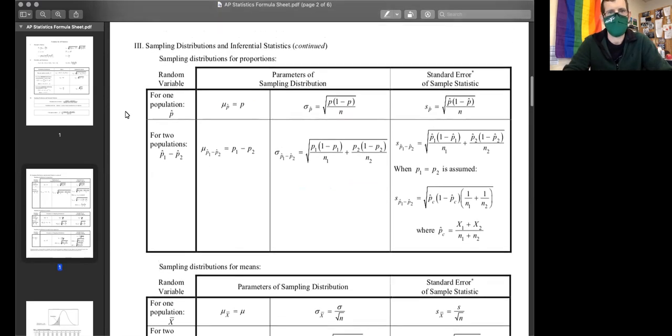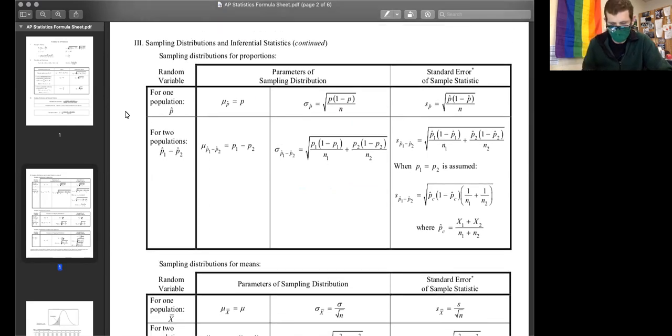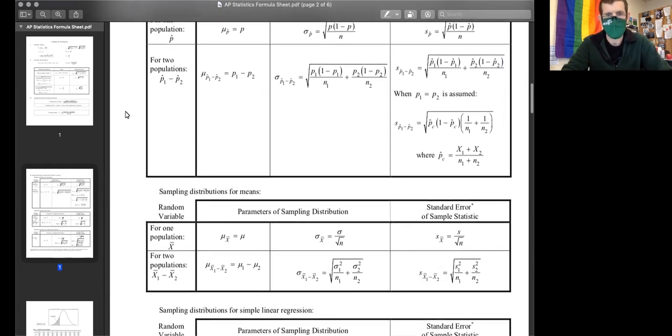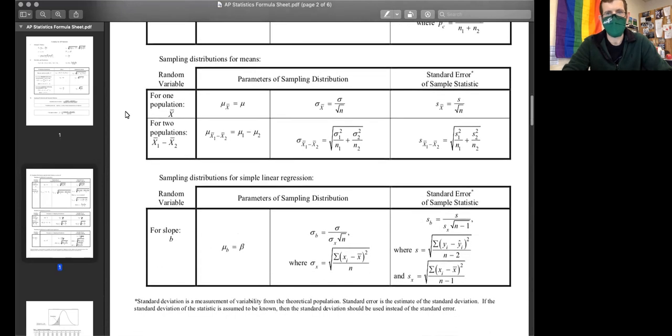I've already said this, but when we decide from the beginning that it's proportions, I'm going to be looking right here, and I'm going to be able to find that formula somewhere in that box. And a lot of this is just knowing the notation.